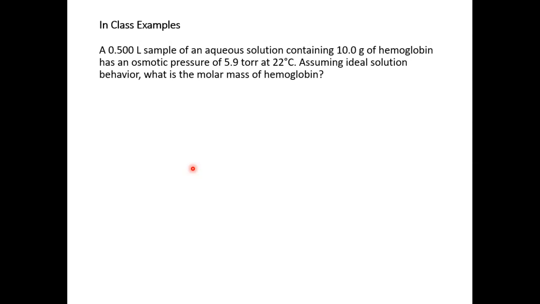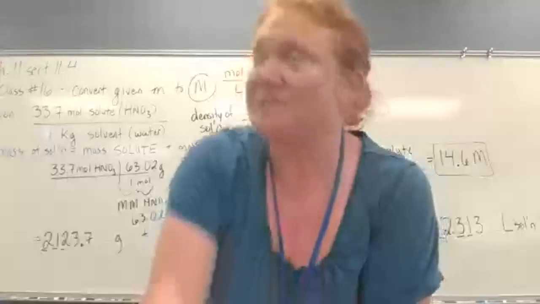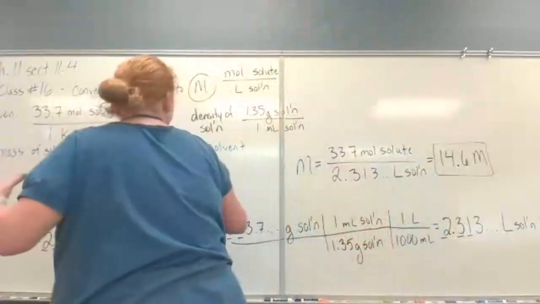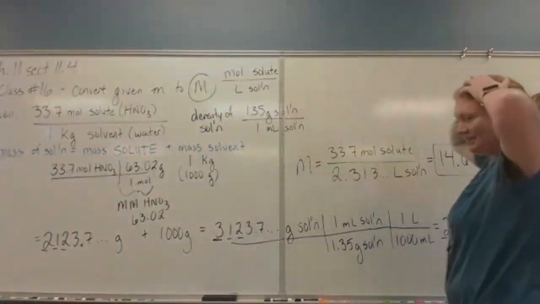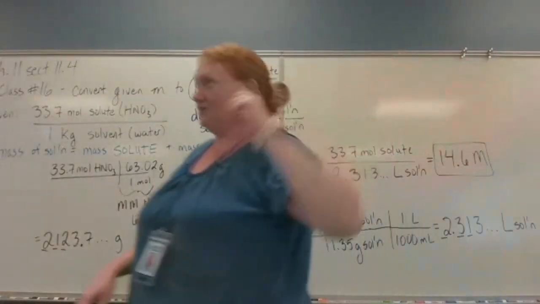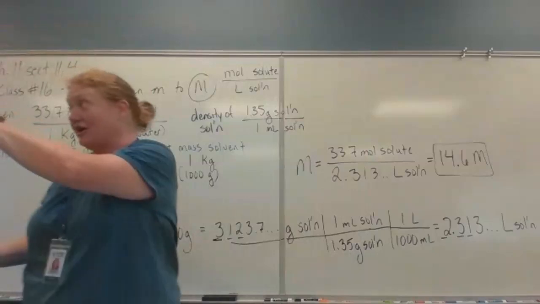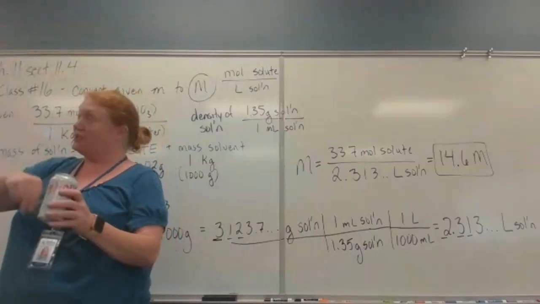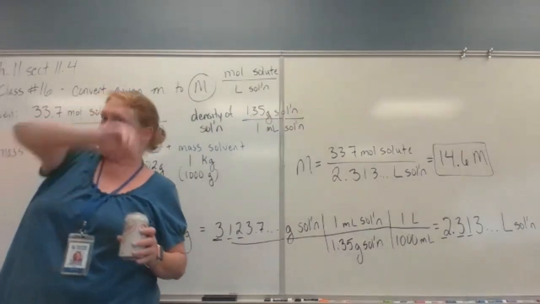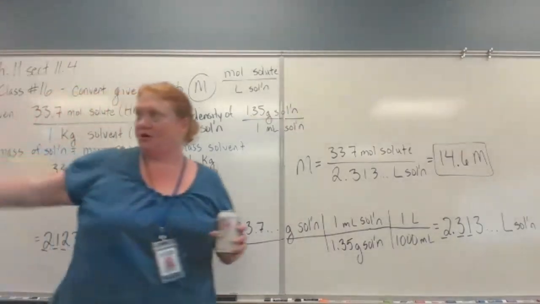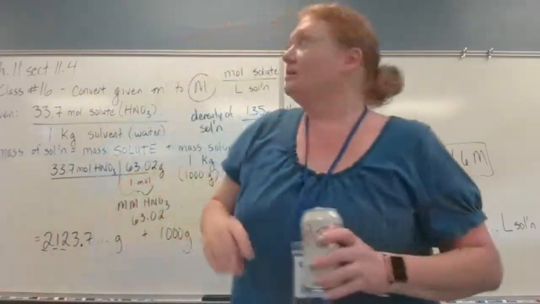Hemoglobin. Y'all know what hemoglobin is? It's this big molecule. It's like huge. Okay. It's a big molecule in our blood, and it actually carries around oxygen. It has iron in it. The oxygen attaches to the iron that's in the very center of this molecule, and that's what carries the oxygen around in our bloodstream. Okay.